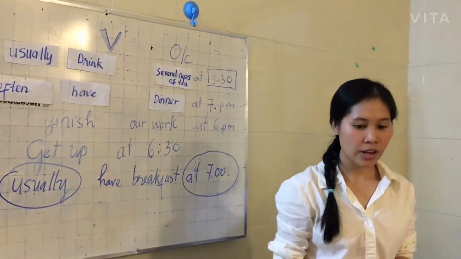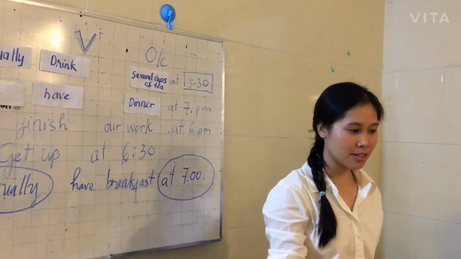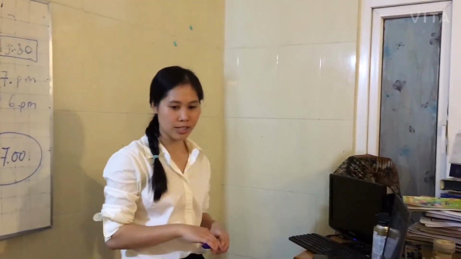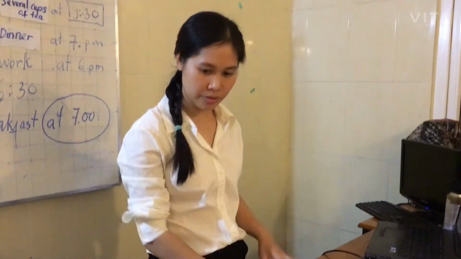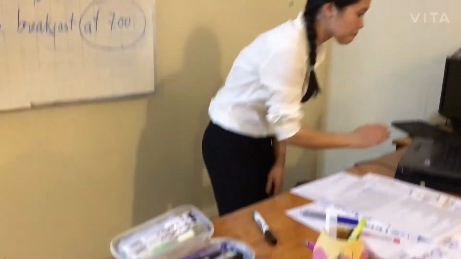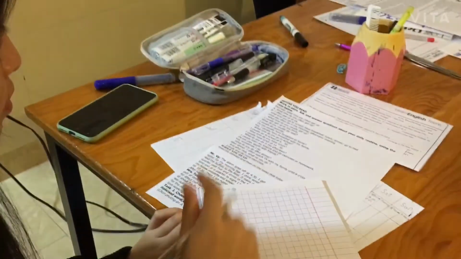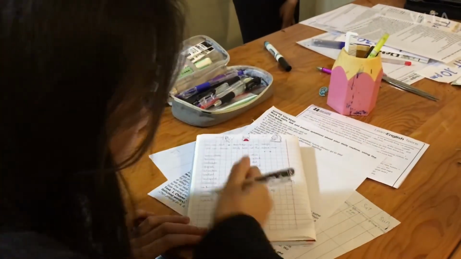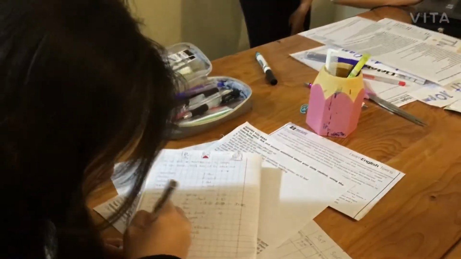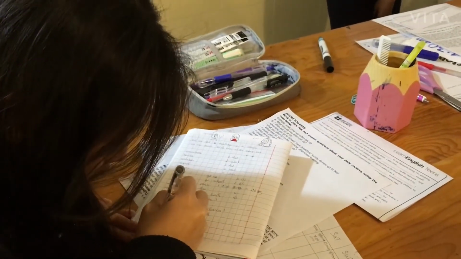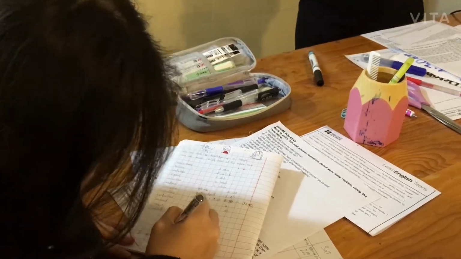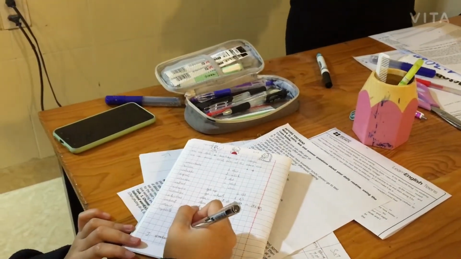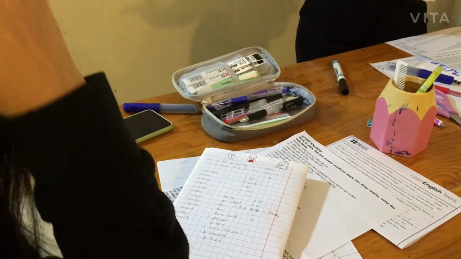Okay, now let's write three sentences about your daily routines. Write them down. You can write three sentences. First, you use subject, verb, and object.